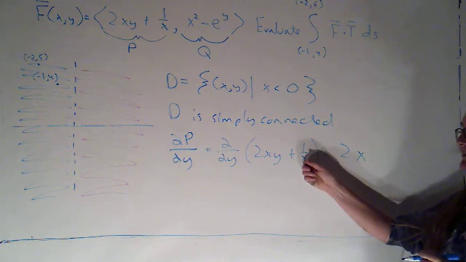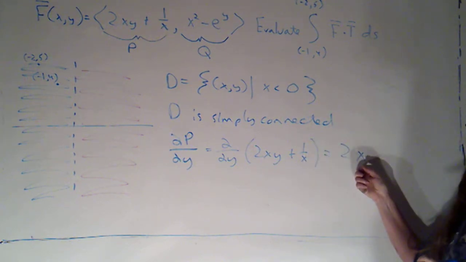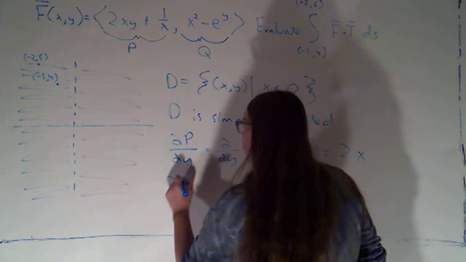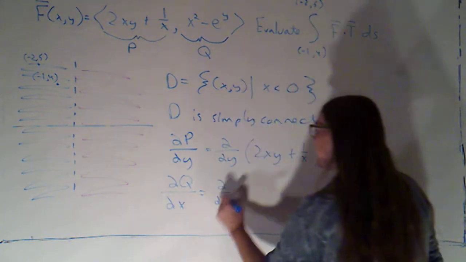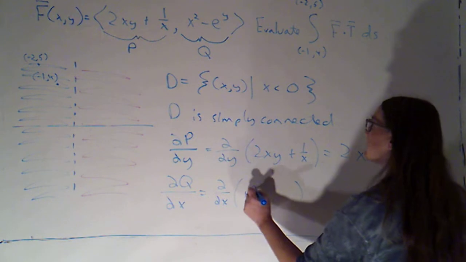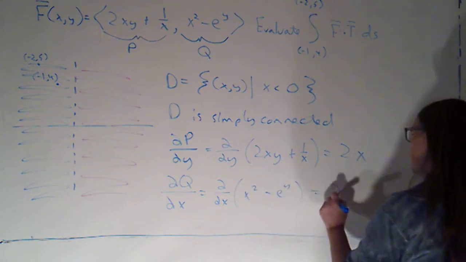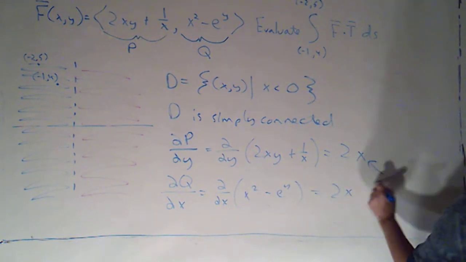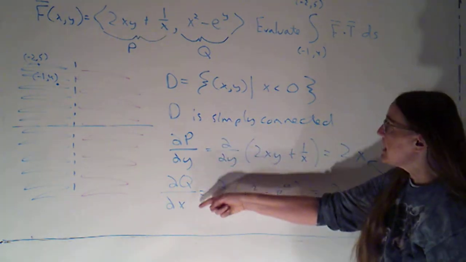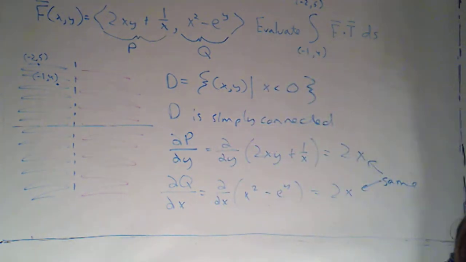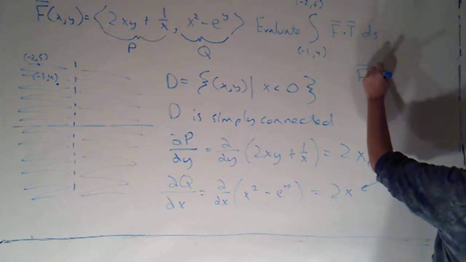There are no y's in this term, so it just drops out. Then I'm going to take the partial of Q with respect to x. So that's the partial with respect to x of x squared minus e to the y. And that's 2x. Those are the same. So since these are equal on a simply connected region, F is conservative on D.